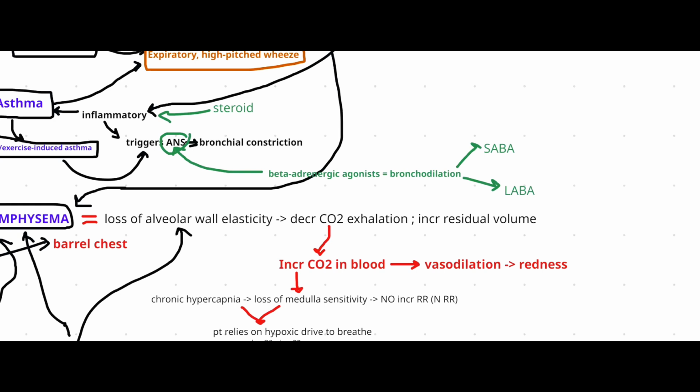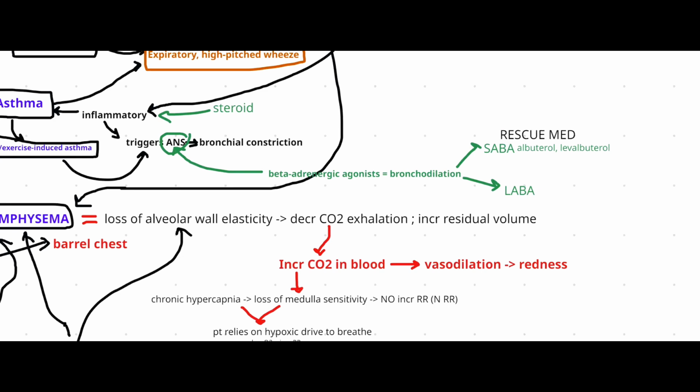Albuterol and levalbuterol. Xopenex. You heard of Xopenex? So that's short acting. These are known as your rescue medications, right? So meaning they should only be used as rescue med, okay? Only when there's shortness of breath.